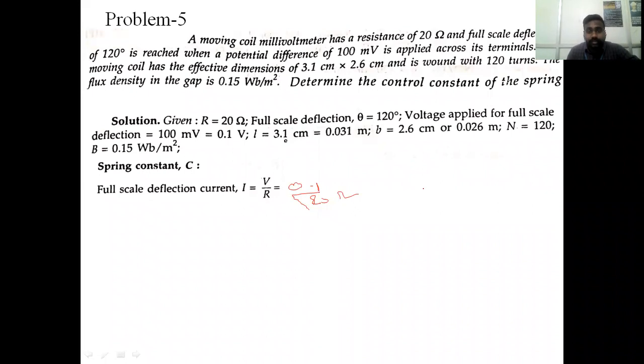Anyone getting the answer of 5 milliamps? That's okay. We will see. So we go to the next step. 0.1 divided by 20 ohms, that is 0.005 amperes, that is nothing but 5 milliamperes. The answer is correct.